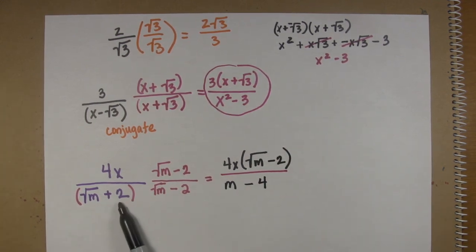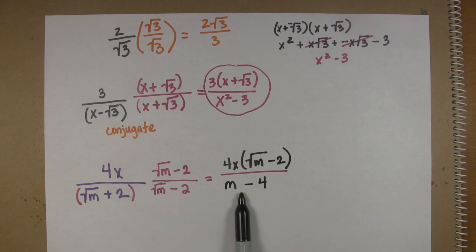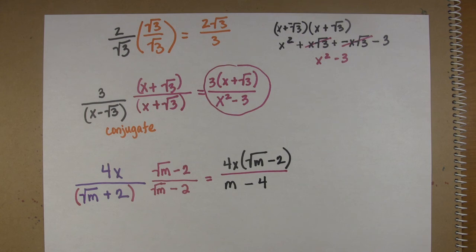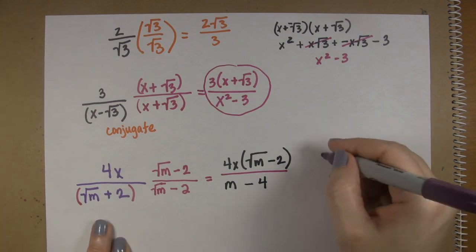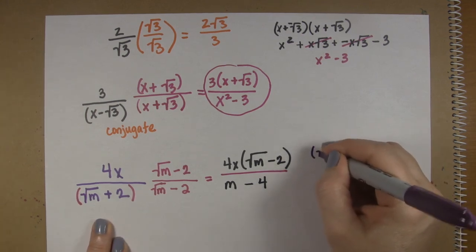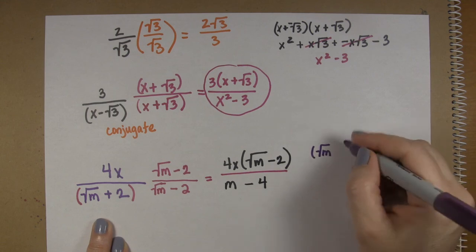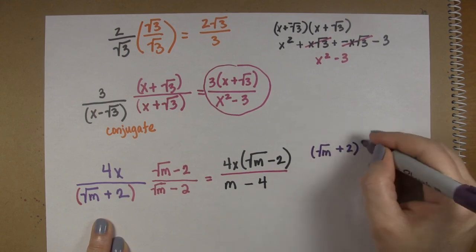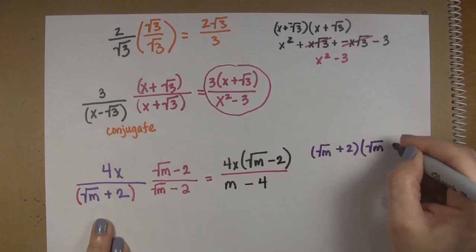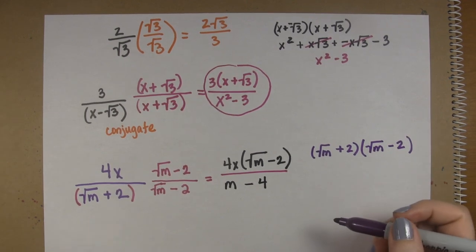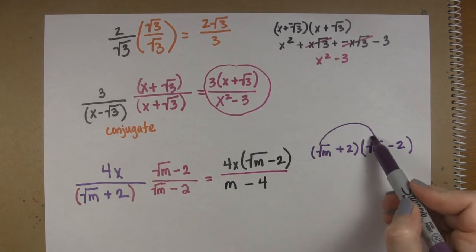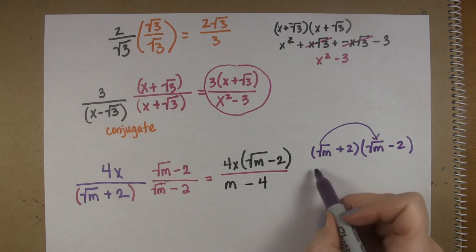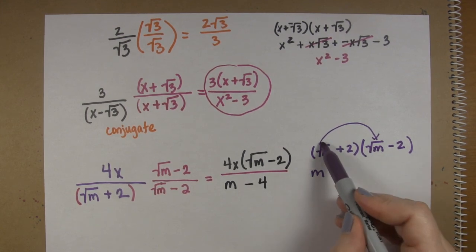Now, even though I did that without actually writing out the FOIL method, does not mean that you should unless you are sure that you know what you're doing. The square root of m plus 2 times the square root of m minus 2. Let's FOIL it out, okay? Square root of m times the square root of m gives you m.